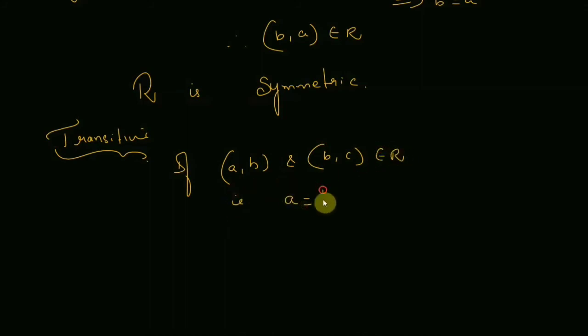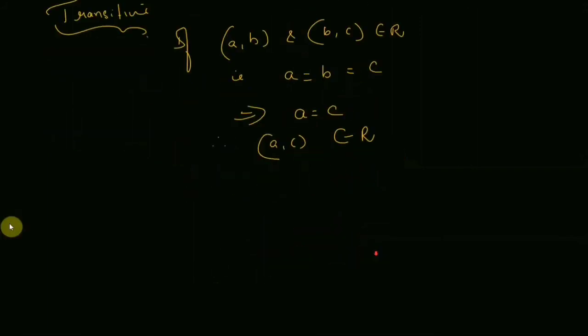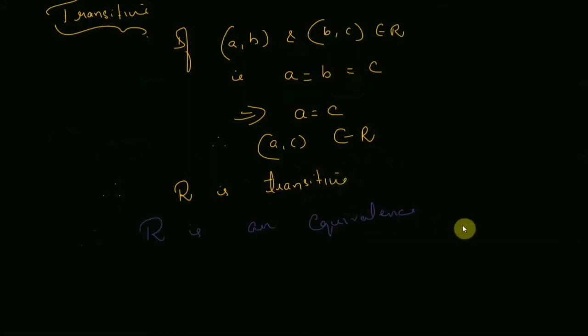A is equal to B. And BC belongs to R, that means B is equal to C. So A is equal to B, B is equal to C, that means A is equal to C. That means AC belongs to R. So AB belongs to R, BC belongs to R and AC also is in R, then the relation R is transitive. Therefore, the relation R is reflexive, symmetric and transitive. Therefore, it is an equivalence relation.